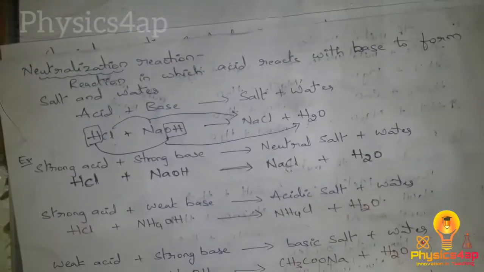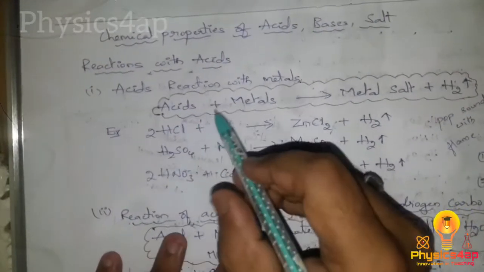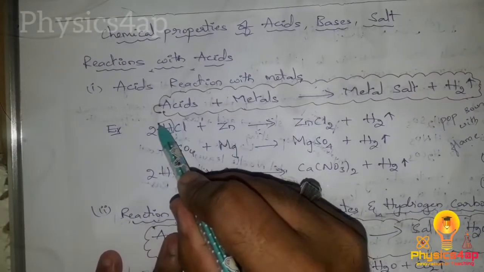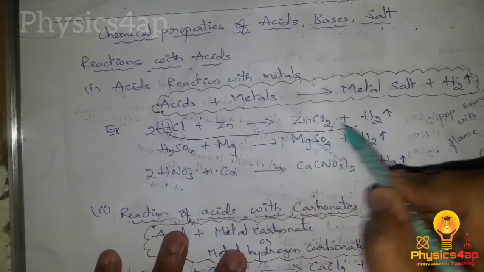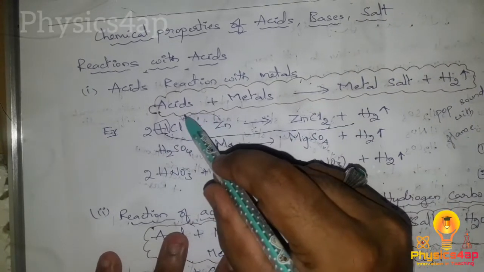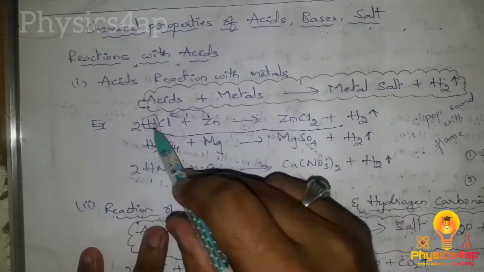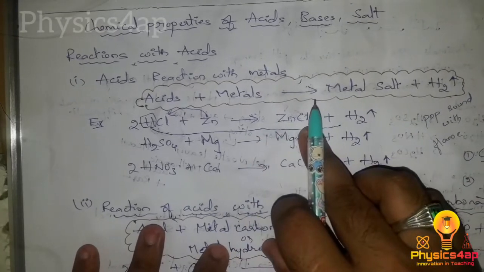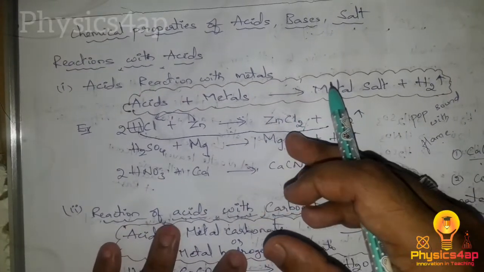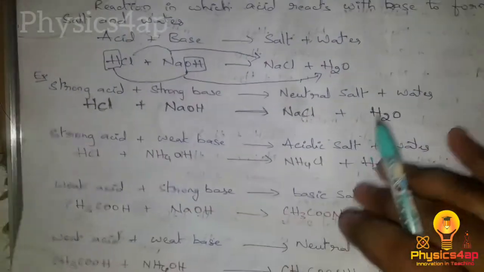In the earlier case, hydrogen is displaced and comes out, zinc replaces it and combines with chlorine, so we get ZnCl2 plus hydrogen gas, which we call a displacement reaction or single displacement reaction. In this one, both are displacing, so it is a double displacement reaction.